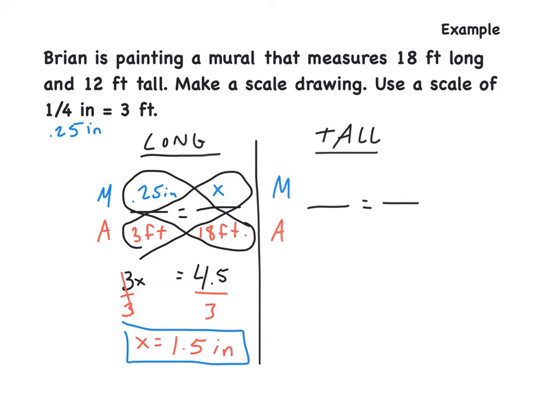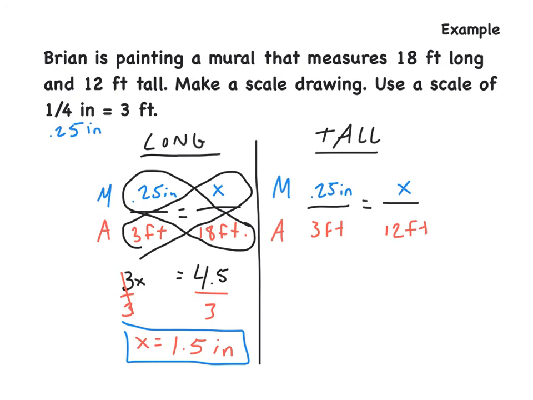So that's the length. Now we're going to talk about the height, or how tall they are. So remember, we do the exact same thing with the scale drawing, the model, and the actual length. And the height that we have is 12 feet. So that goes straight across on the, remember, actual straight across. We are solving for x.